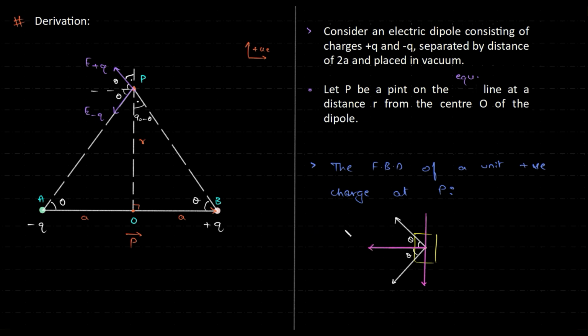So this will be E plus, E minus. So this is E minus Q. This is opposite, so sine theta. This is opposite, so this is also sine theta, right, when you resolve it.